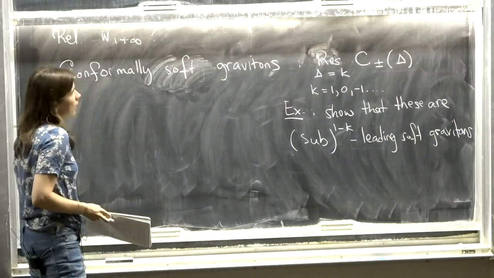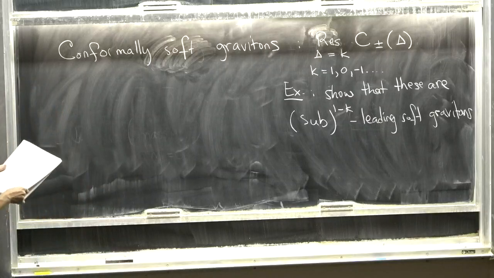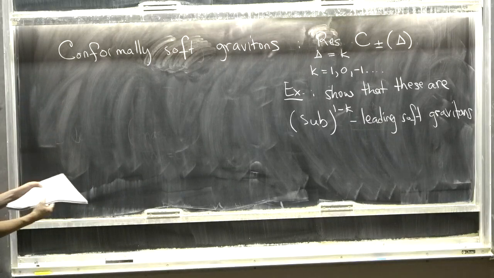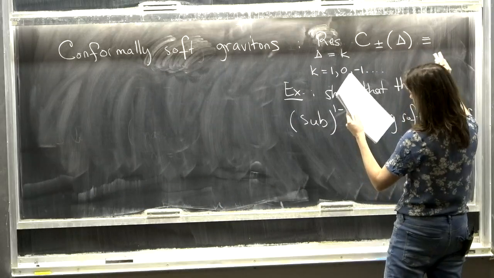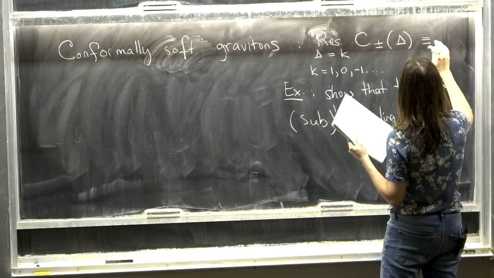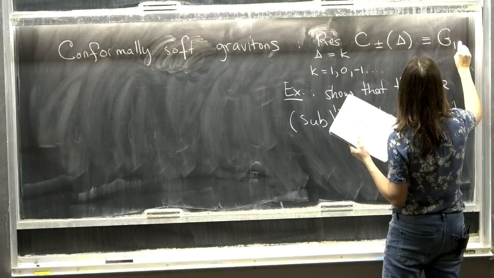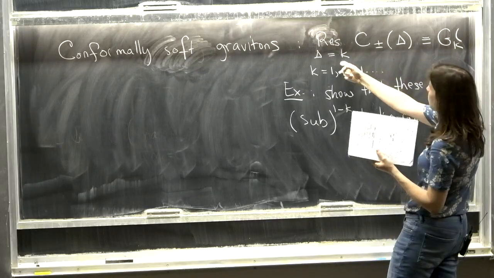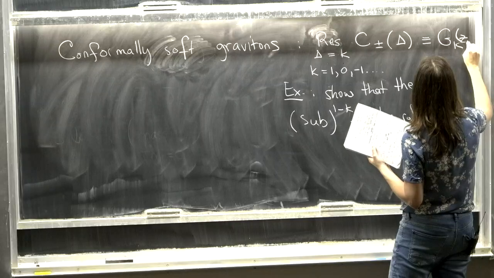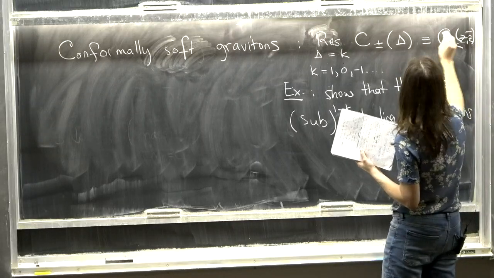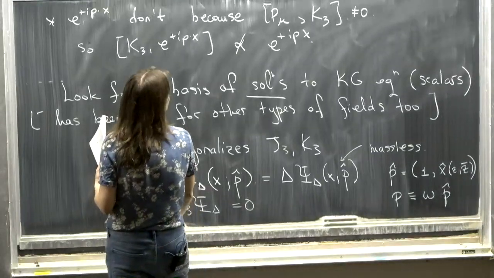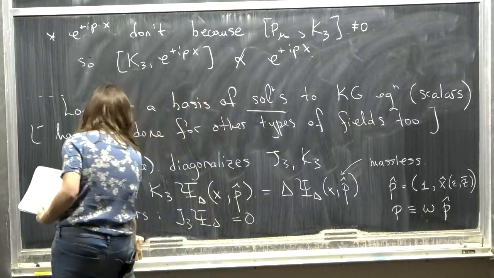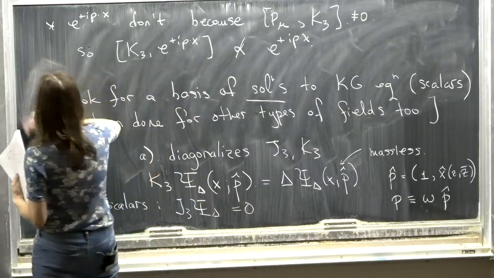Okay, and given these operators, one can use minimal input, and the minimal input is the following. Let's call these G_k. I'm taking a particular value of delta, and this is evaluated at z and z bar, and they can have one of two helicities. And one can actually write down an operator product expansion for these graviton modes.